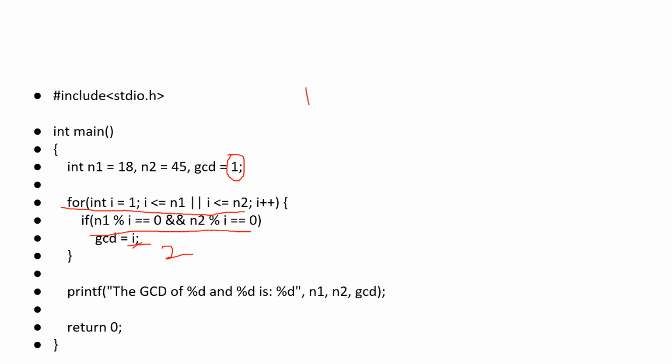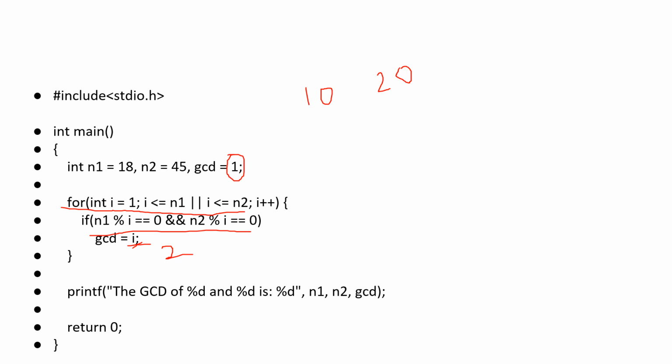In the case of 10 and 20, we can be sure that the GCD will always be less than or equal to 10, because more than 10 there will not be any common divisor. All the divisors of 10 will be less than or equal to 10.